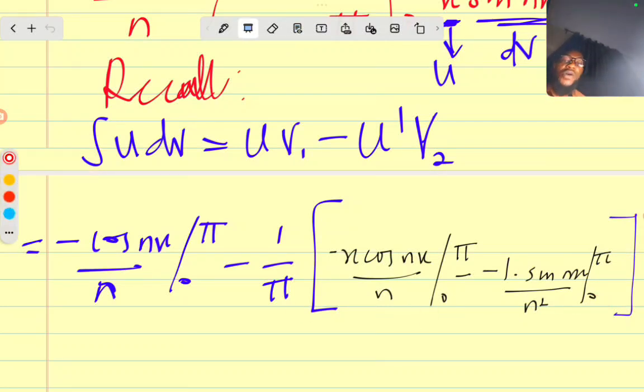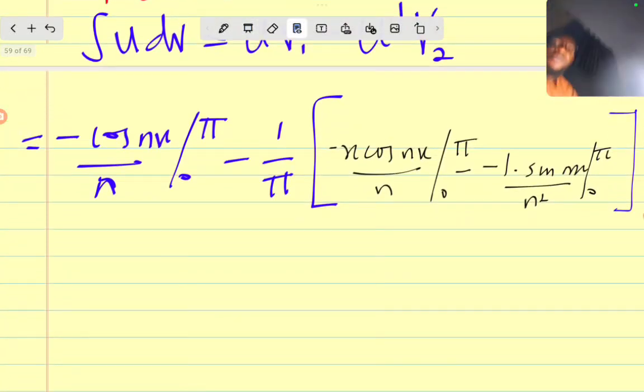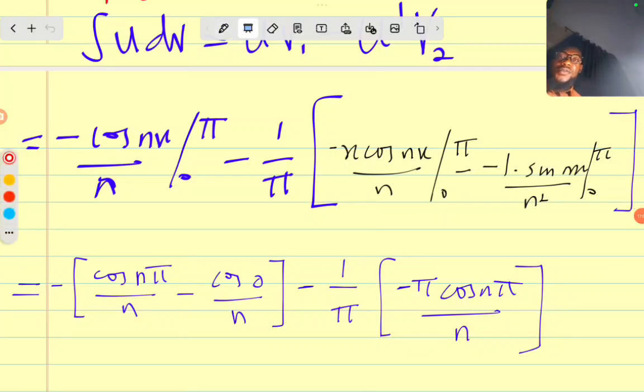You should also recall that we have to put our upper limit and our lower limit in each component. So by putting my upper limit in the first half of this, I'm going to have this. And if I put my upper limit and my lower limit in this part, I'm going to have this. The next part that we have to discuss is this part actually now.